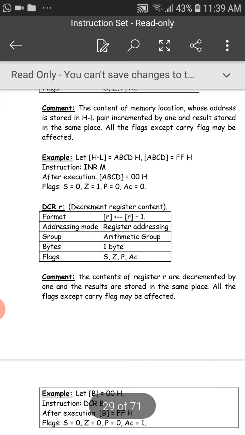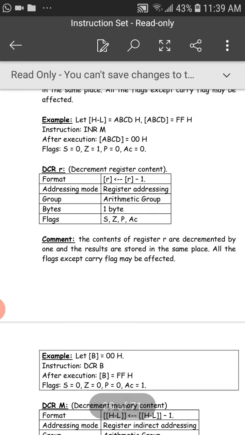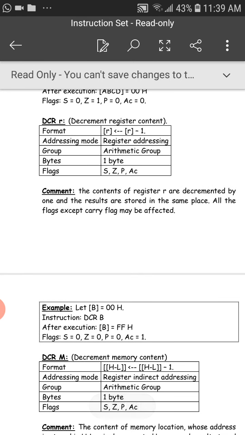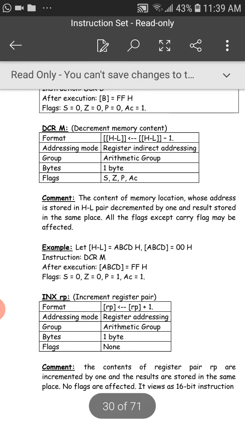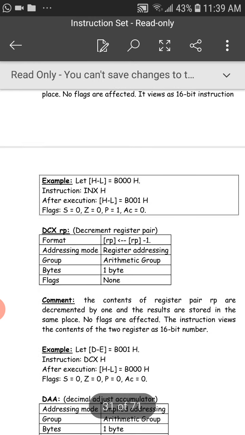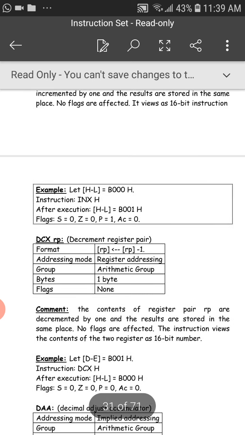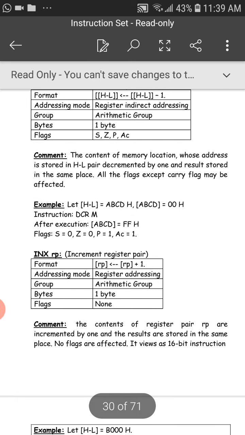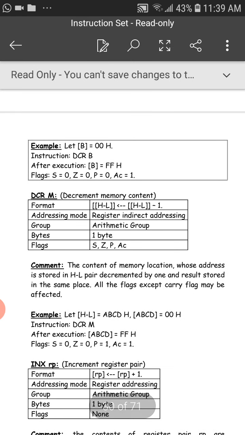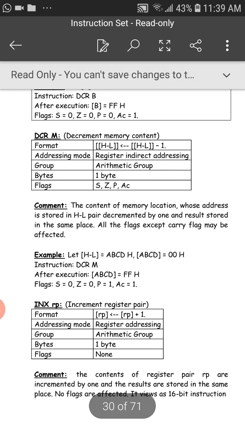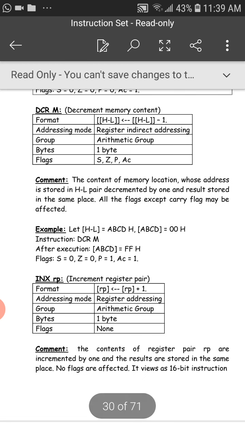So it contains 00H. Like increment, there is a decrement instruction. This instruction is very easy to understand. There is increment and decrement. See decrement memory content, so the memory at HL minus 1.